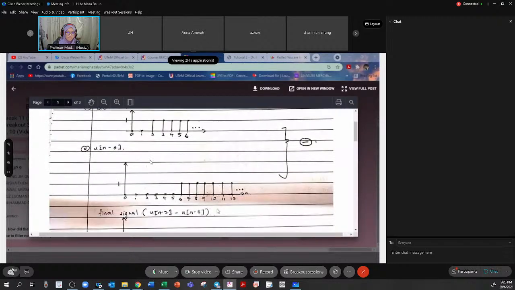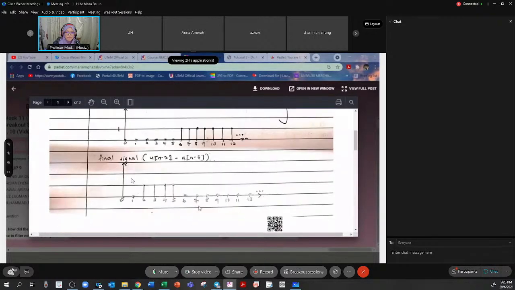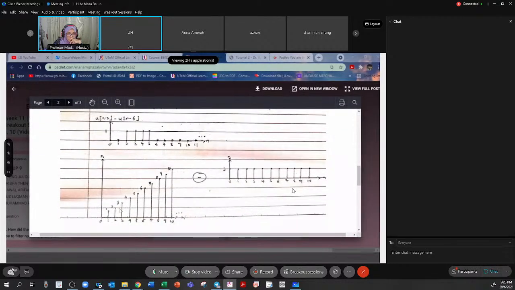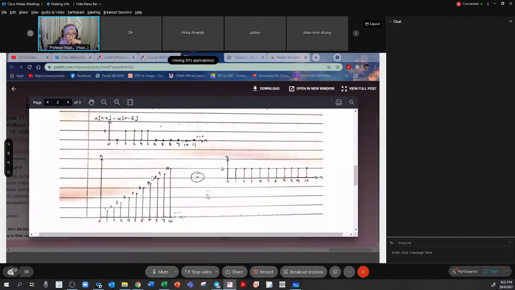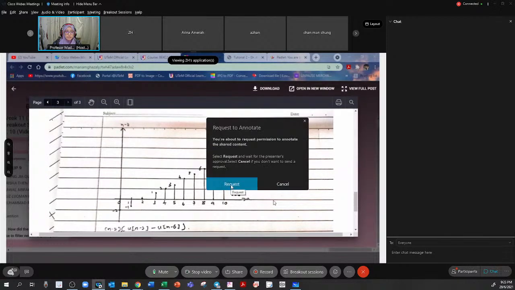Okay, n minus 2 and n minus 6 are easy; the one that I want to see is the n minus 2 value. Okay, this one. So any student who does not know how to get the n minus 2, I will show the screen.